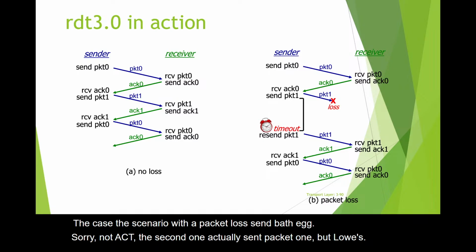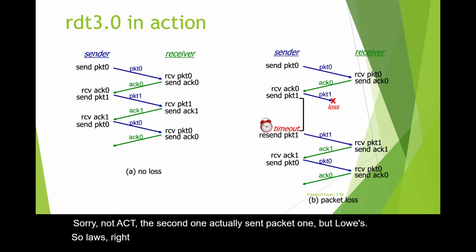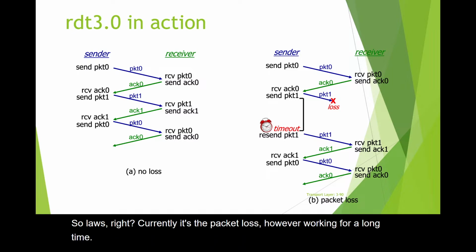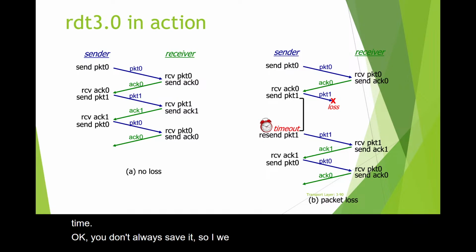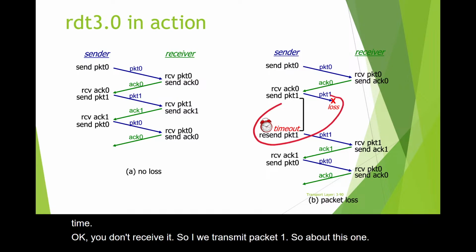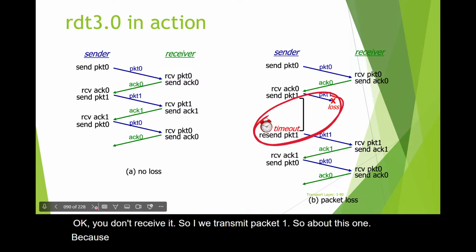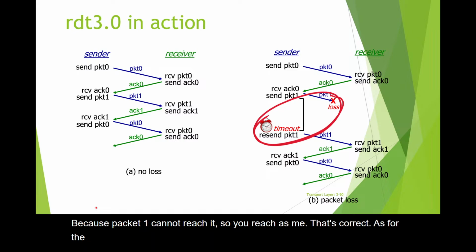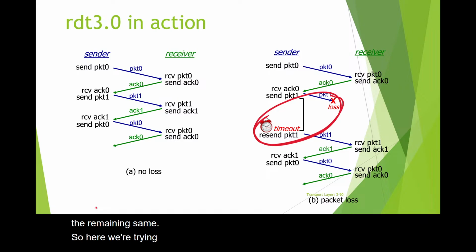So currently it's the packet loss. However, after waiting for a long time, you don't receive it, so I retransmit packet 1. Because packet 1 cannot reach it, you retransmit, that's correct. As for the remaining, same. So here we try to emphasize timeout.